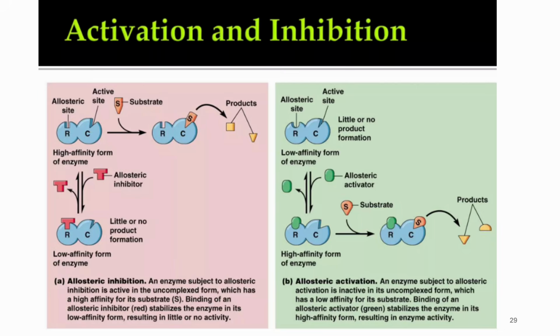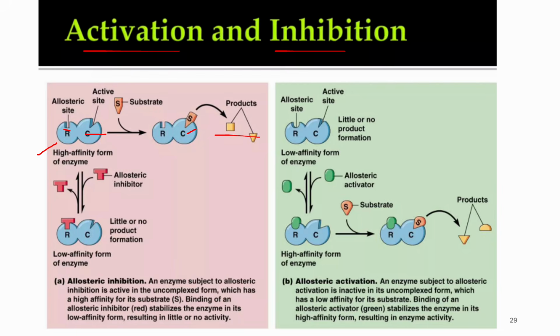Let's see how activation and inhibition occur in enzymes. For example, in a high affinity form of an enzyme, this is the allosteric site, this one is the active site, and what will happen? Substrate binds in the active site, and then product will be produced and the enzyme released.